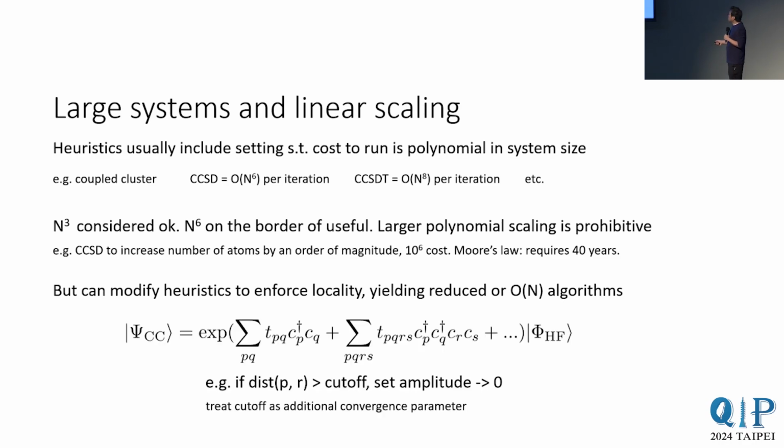So in the coupled cluster context, the way this would work is you have, for example, this complicated operator up here, where all these are creating or destroying electrons on different atoms. But you might set all the coefficients here to 0 if you're trying to create things that are on very widely separated atoms. Presumably, that process is not very important. And you can treat this cutoff for the distance over which you allow things to be created as a convergence parameter and monitor that in your calculations.